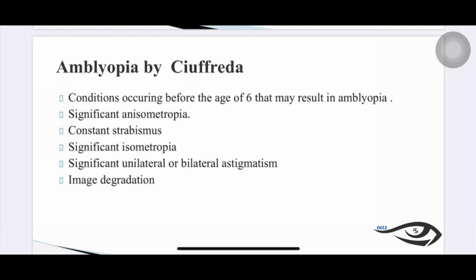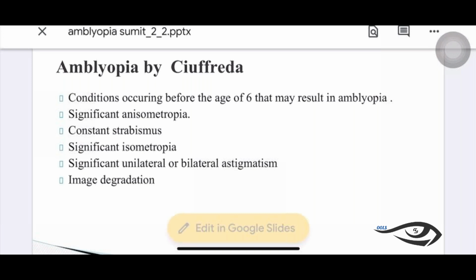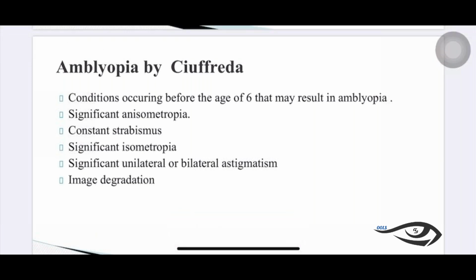Another was significant unilateral or bilateral astigmatism, and then image degradation. So all these things he suggested, if something like that is there, then that can give you amblyopia later on.